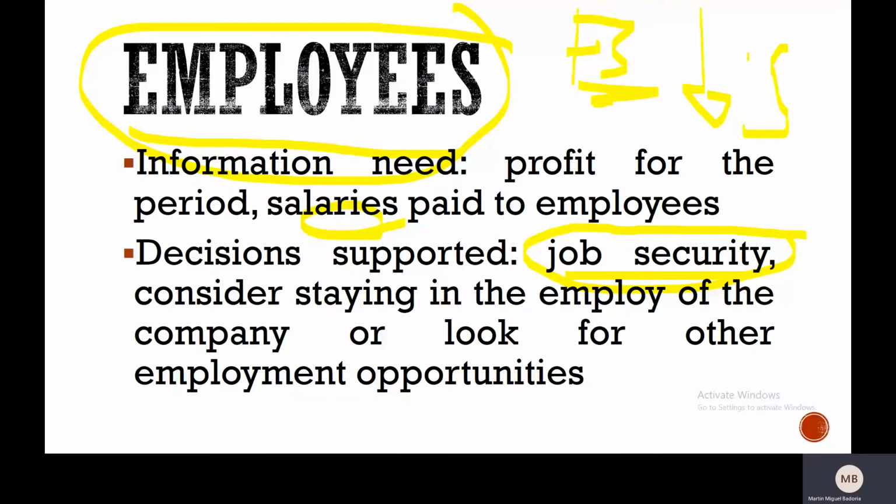Kapag nawala na sa employment, kapag medyo may edad na sila, it will be hard for them to look for another job. So that is why yung mga employees are also making sure na they are going to settle already to the company, which can stand for a long period of time na expected nila or pangarap nila hanggang retirement.